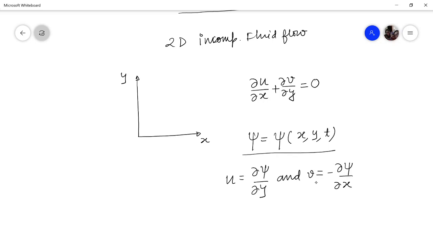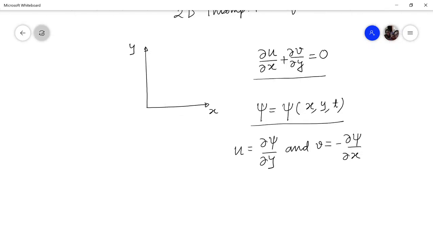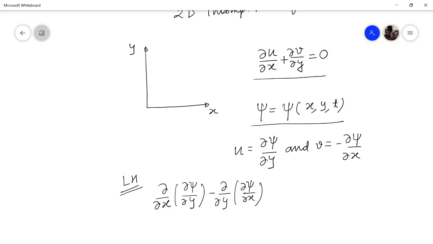If you replace the values of u and v in the continuity equation, then this becomes del by del x of del psi by del y minus del by del y of del psi by del x. Now this is the left hand side of the continuity equation.